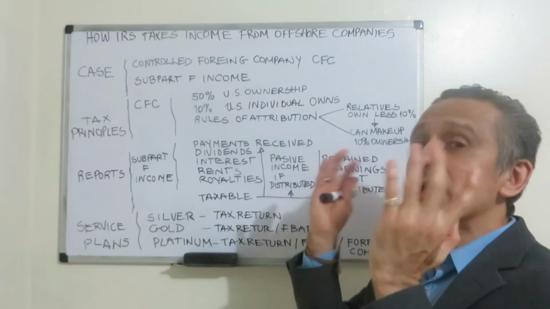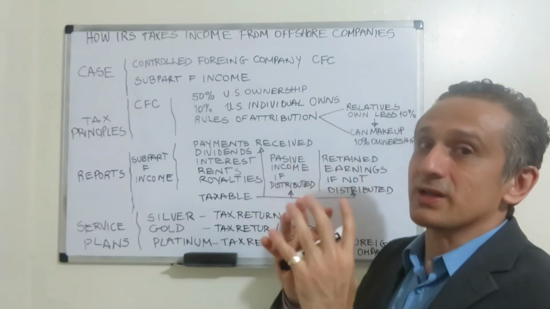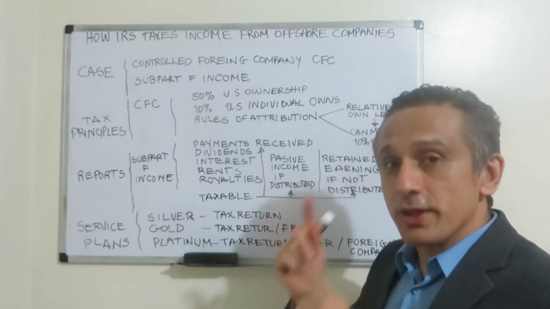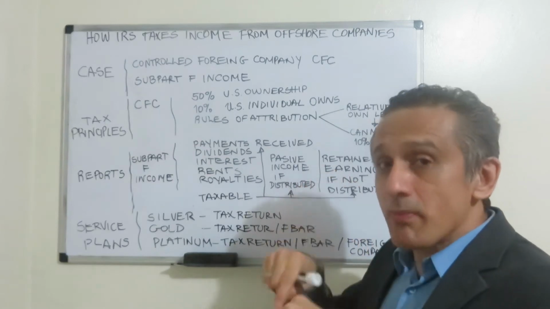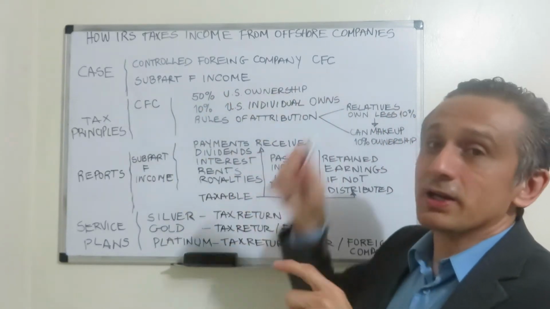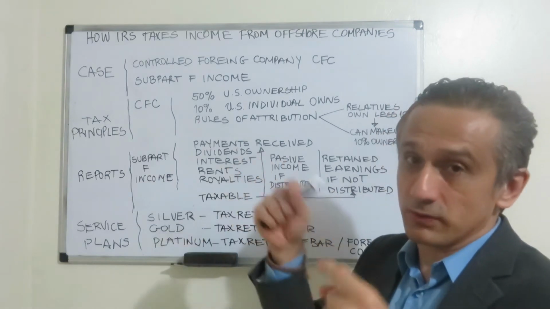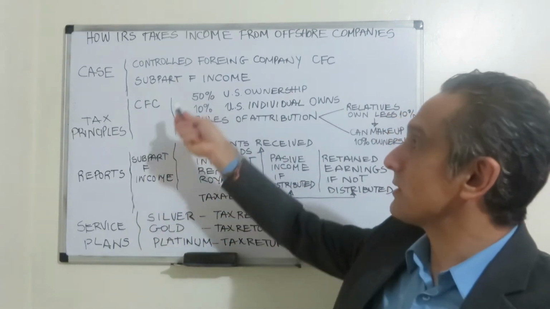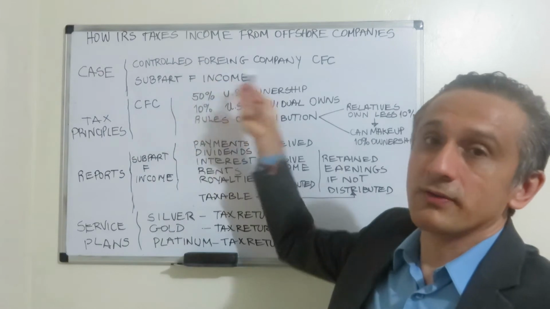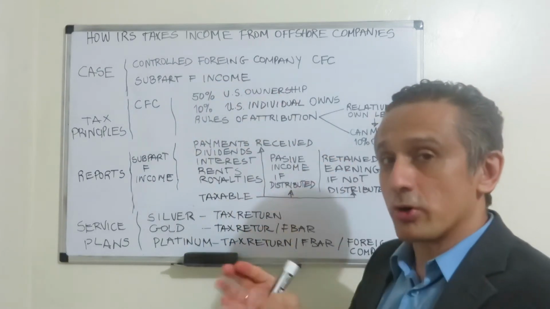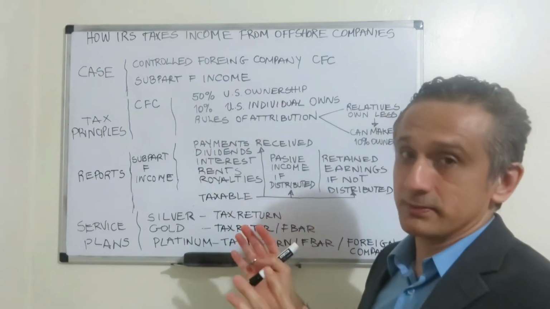When the totality of that participation makes up 10% or more, then the company is a controlled foreign company, and the income that is distributed from the company to those individuals is actual Subpart F income, meaning it's a reportable and taxable event.